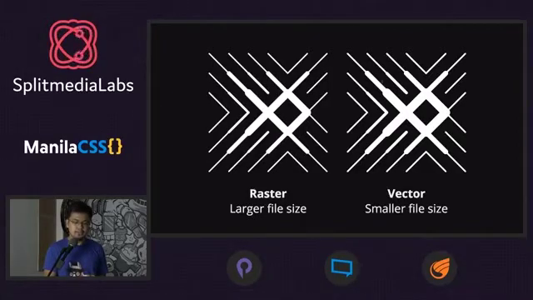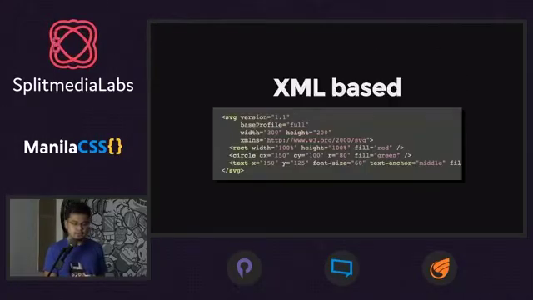Another way SVGs get smaller sizes is because of gzip. Since SVGs are written in plain text, they get a lot of compression from gzip. So how does SVG look like? It looks like this. It's XML based, so very similar to how HTML looks like, since they are both markup languages.